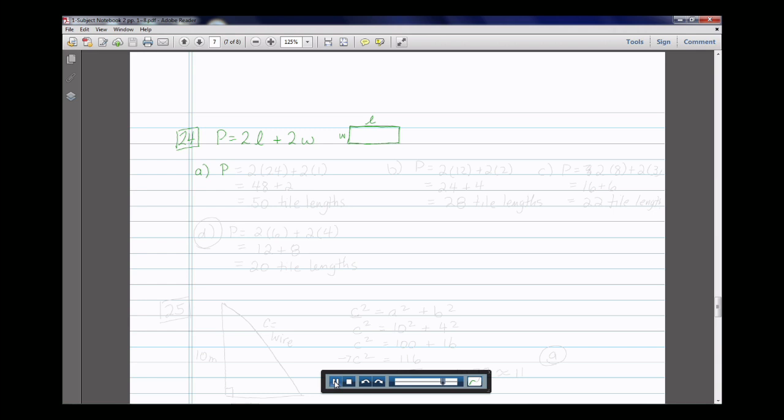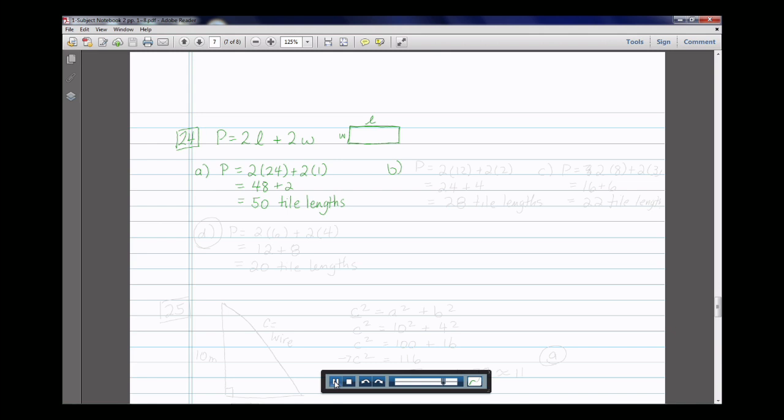They don't say how big the squares are, so the units you're working in are just tile lengths. So your perimeter would be 2 times, in this case, your length would be 24, and your width would be 1, so that's going to be 48 plus 2, a perimeter of 50 tile lengths.